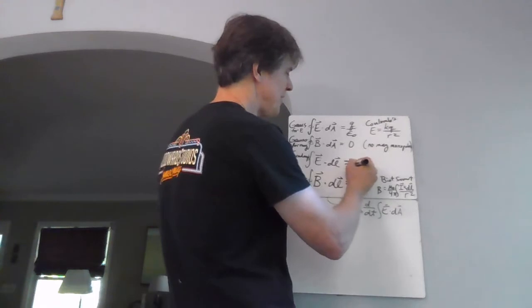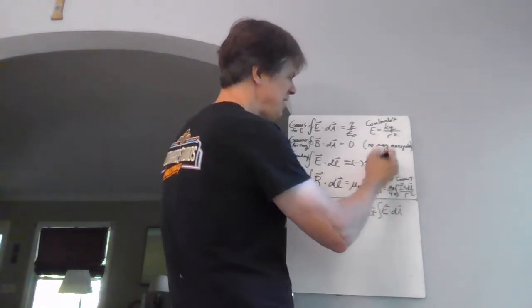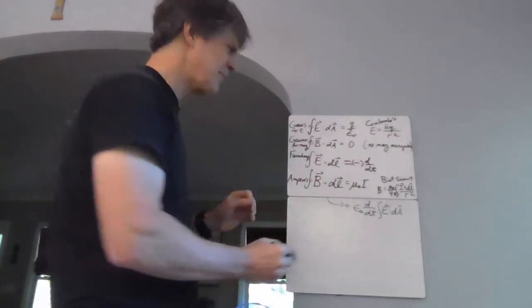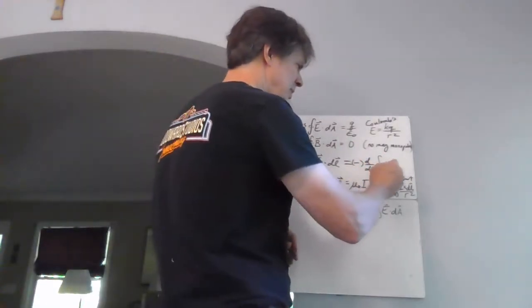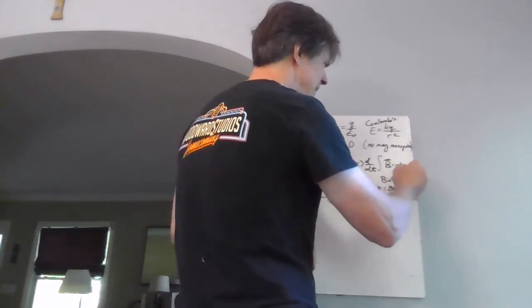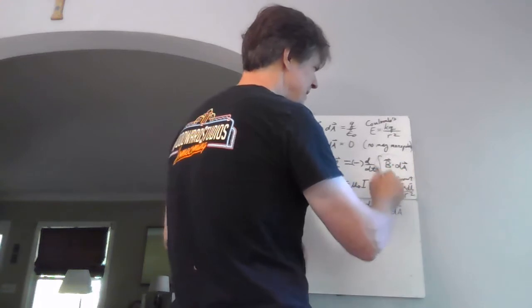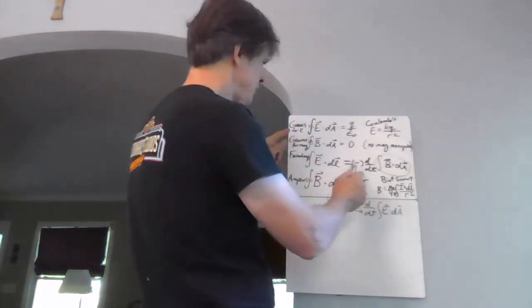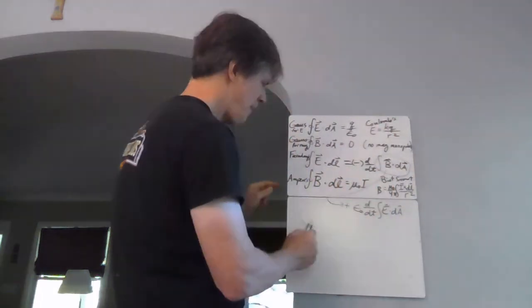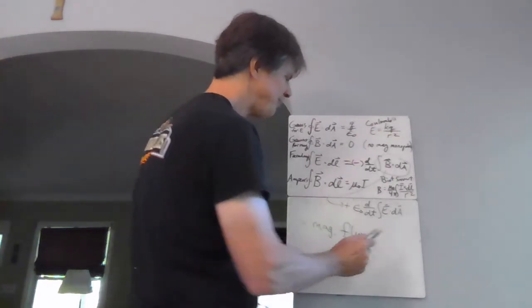So here it is. I'm going to go ahead and write it. The best way to write it to look calculus-y about it would be to say integral of B dA. And this term right here, this is, of course, the magnetic flux.